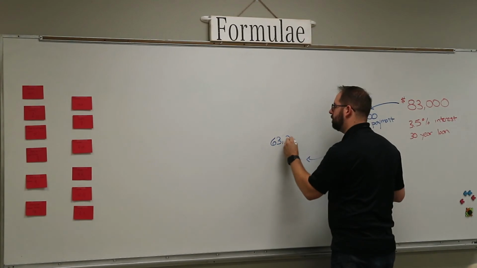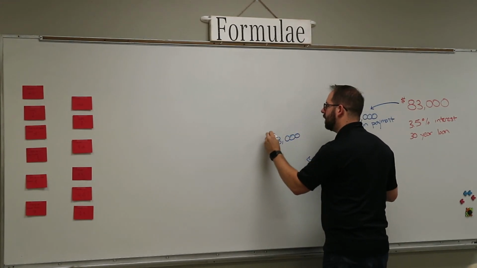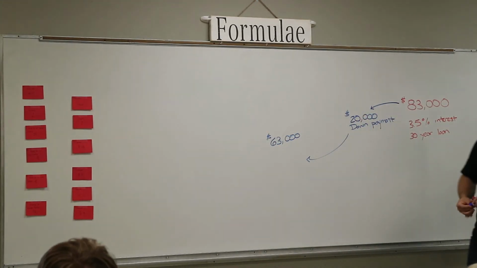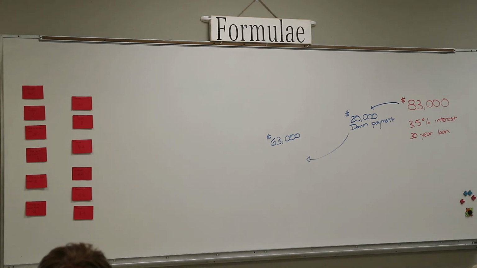So what does that mean for how much I'm actually paying for the home? 63. If I put down $20,000, I'm actually agreeing to pay $63,000 for my home.